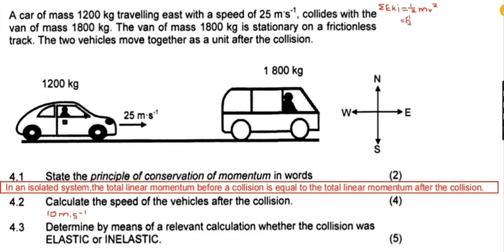Okay, so we know that the mass of the car is 1,200 kilograms. Its speed was 25. Then we're going to add also the kinetic energy of the van, which was 1/2 times its mass, 1,800 kilograms, multiplied by its velocity, which was 0, squared.